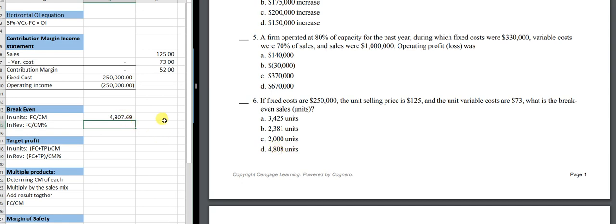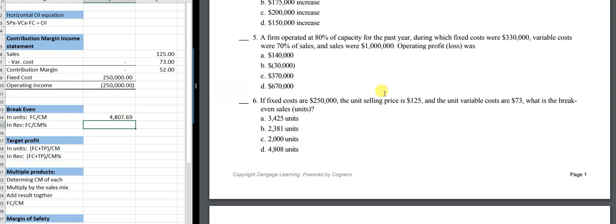So you just round. I can't make a partial unit, so I need to go up to the next unit. Some people get really picky about, oh, you can't put 4807 because you're not yet breaking even. You have to break even on the 4,808th unit. So you always round up, even if it's little.